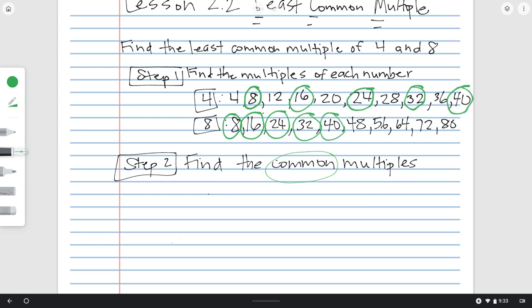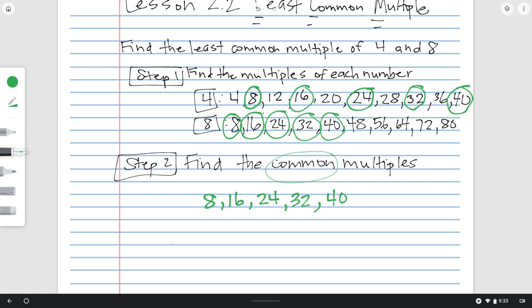Okay. So looking here, I have 8, 16, 24, 32, and 40. Make sure if you're circling that you do it nice and neat so that you can see it.